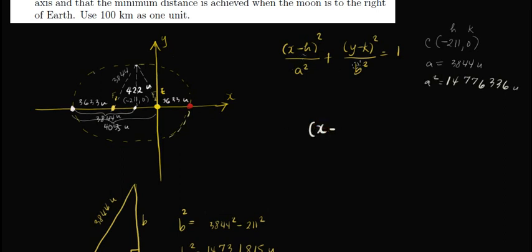So therefore, the equation of the ellipse, we have x minus h, and h is negative 211. So this will become (x plus 211) squared over 14,776,336 units. Again, this is not in kilometers. Plus (y minus 0) squared, so basically that's y squared only, over b squared.